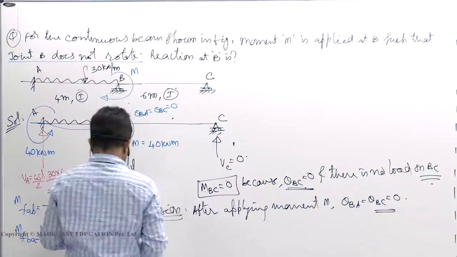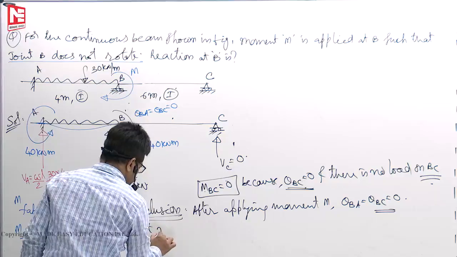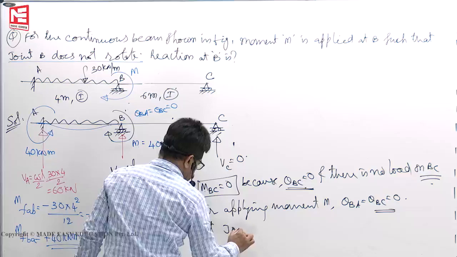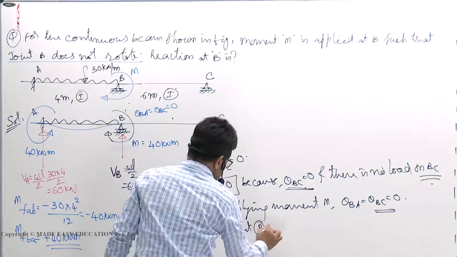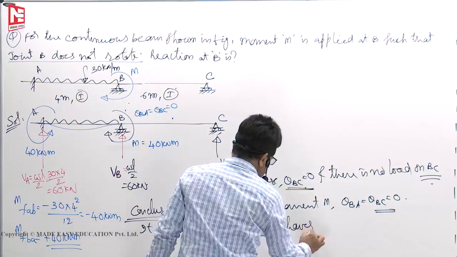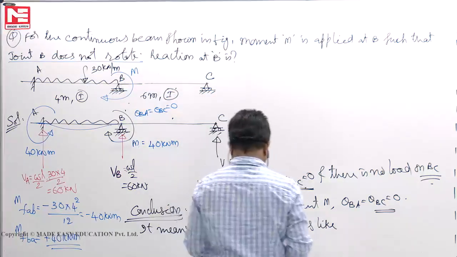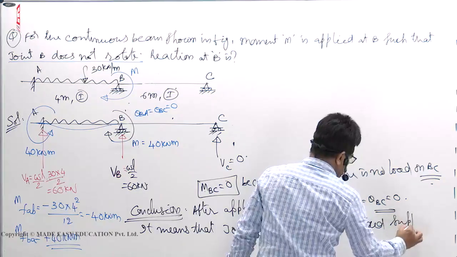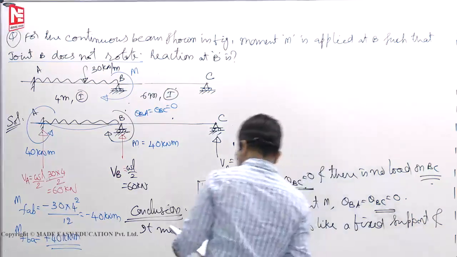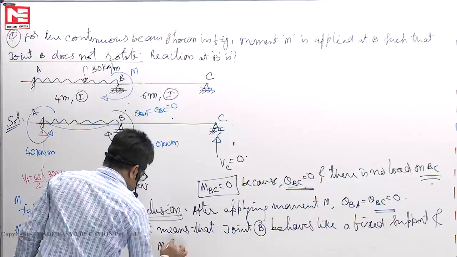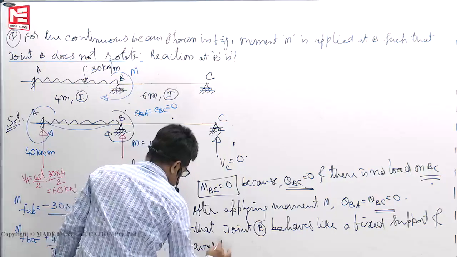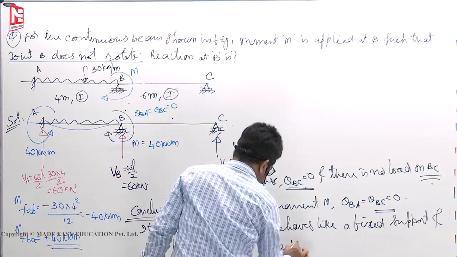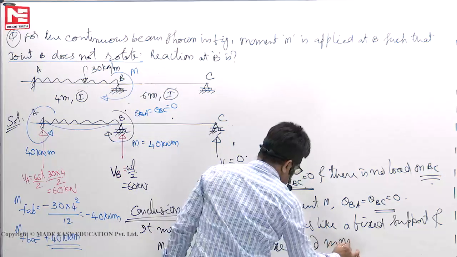It means that joint B behaves like a fixed support, and M behaves like a fixed end moment.